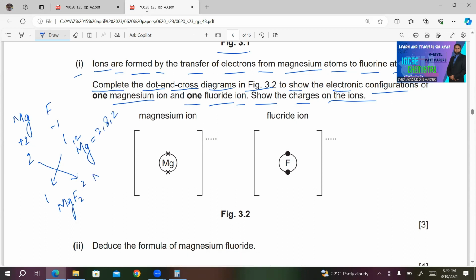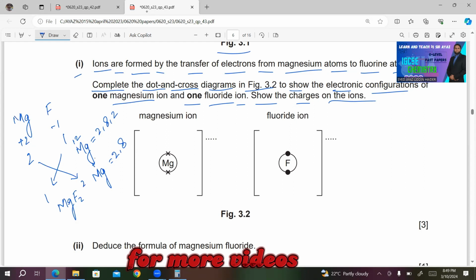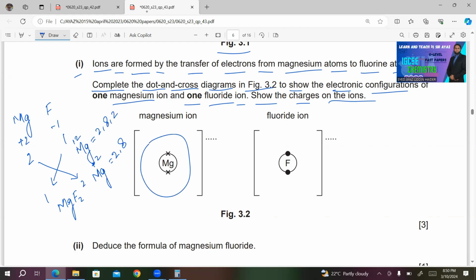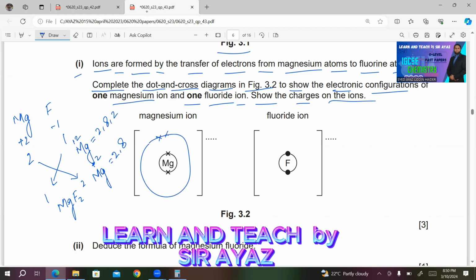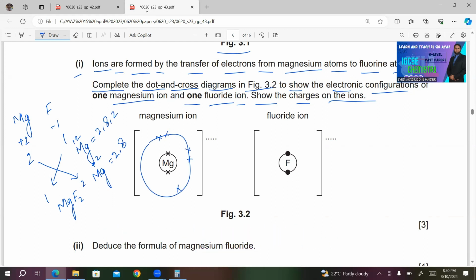After losing 2 electrons, it will be left with 10 electrons, that is 2, 8, and it will acquire a +2 charge. So I'm going to show the 8 electrons in its second shell. They have already shown 2 electrons in the first shell. So here we have the second shell: 1, 2, 3, 4, 5, 6, 7, 8. And it has lost 2 electrons, so it will acquire a 2 plus charge.